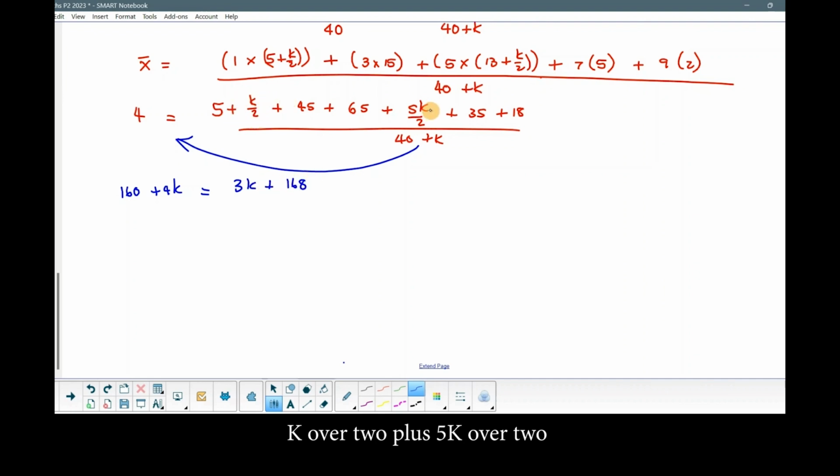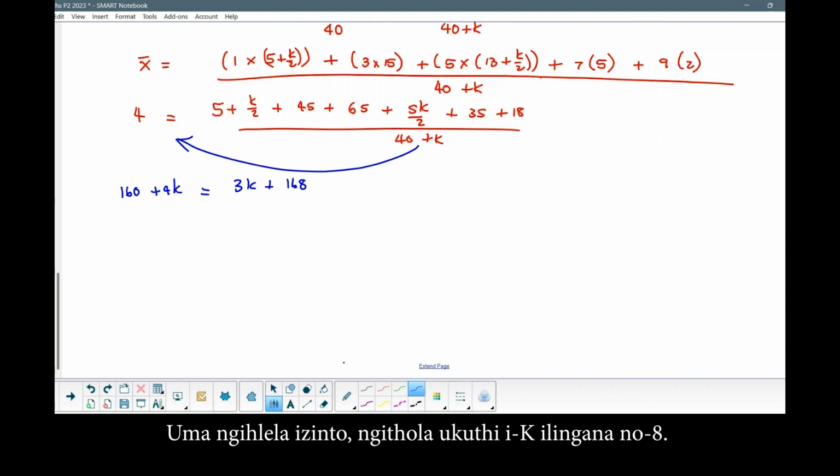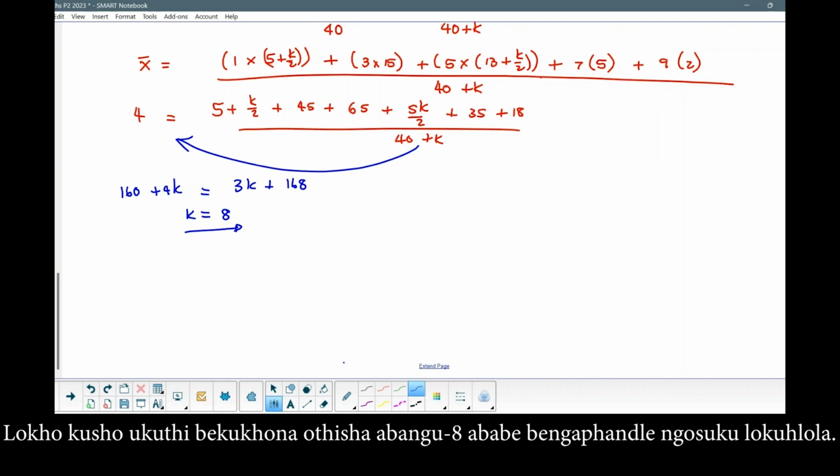K over 2 plus 5K over 2 is 6K over 2. 6K over 2 is 3K. Now, if you look closely, I've only got K's and some other simple figures to work out here. So if I shuffle things around, K is equal to 8. So there were 8 teachers who were absent on the day of the survey.